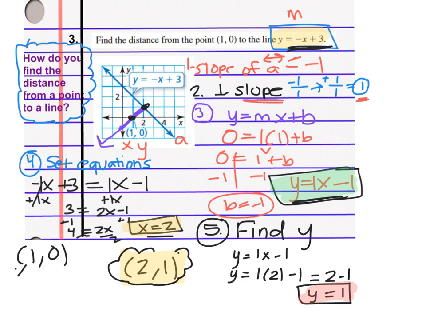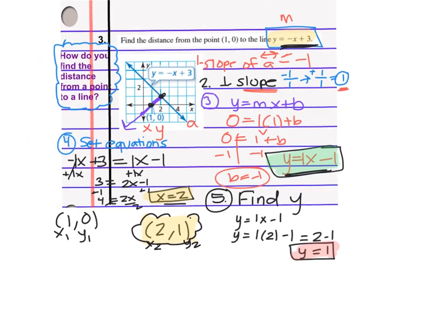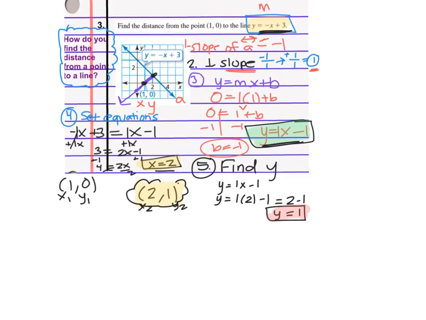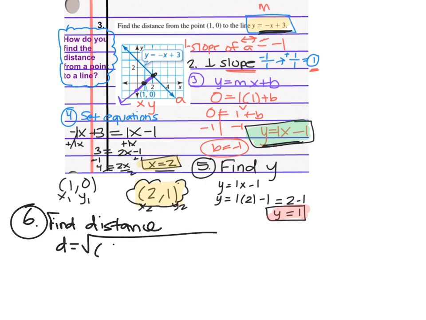So this is going to be x1, y1, x2, y2, and I'm going to use my distance formula. I'm going to zoom out so I can fit it. So step 6, find distance. And the homework problems aren't going to give you a graph, so you do need to be able to use this process. Okay, so here's your distance formula.